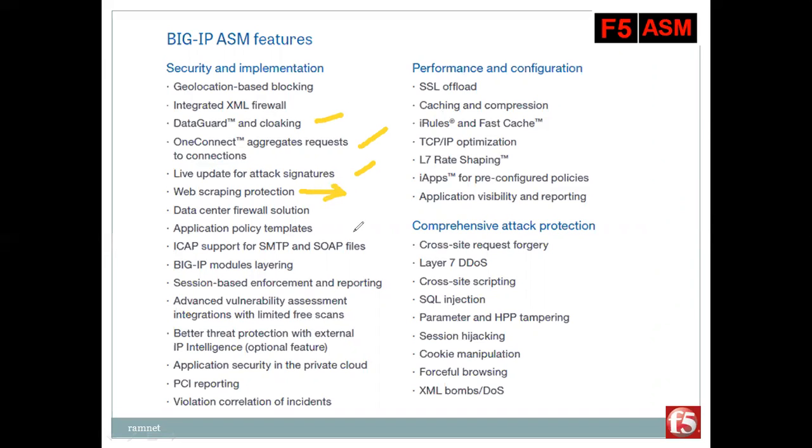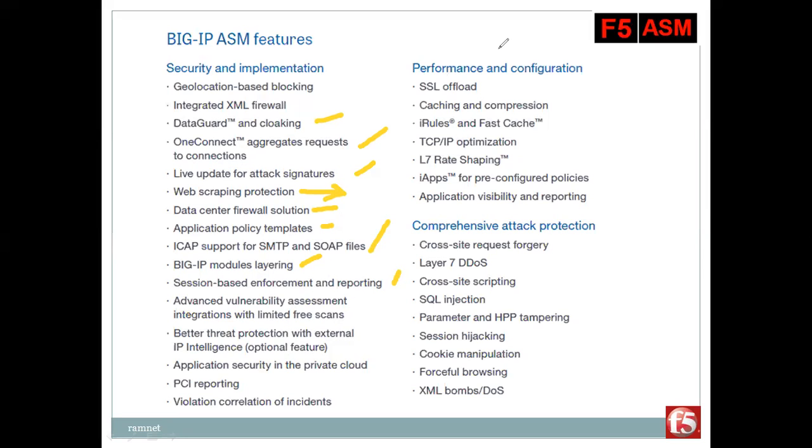Web scraping is happening on all the e-commerce platforms now. Data center firewall solutions will get application policy templates, ICAP and SMTP, BIG-IP module layering, session-based enforcement and reporting, advanced vulnerability. So many things are there.